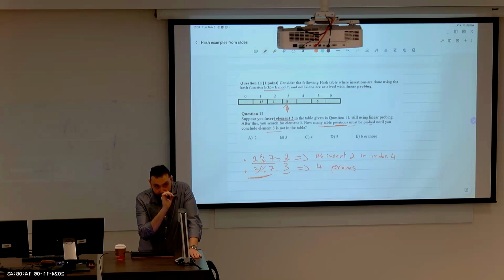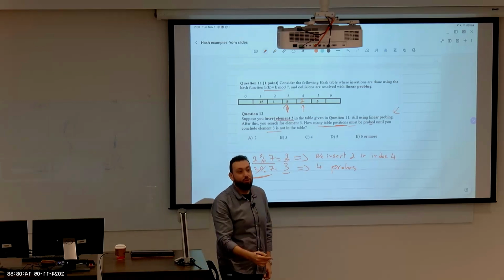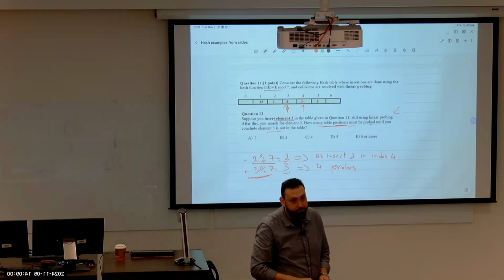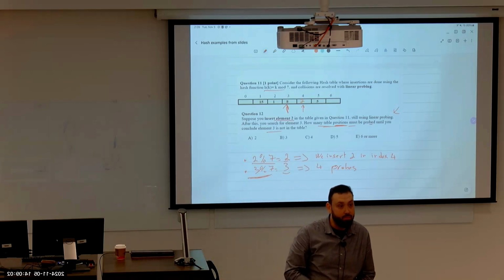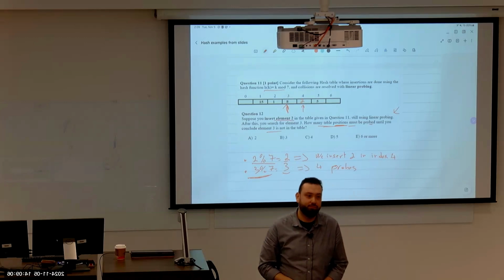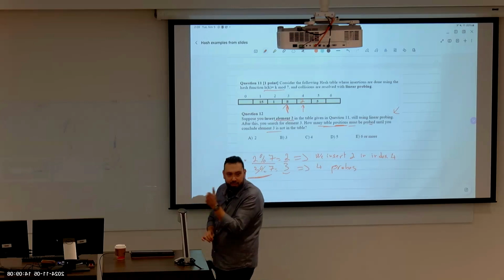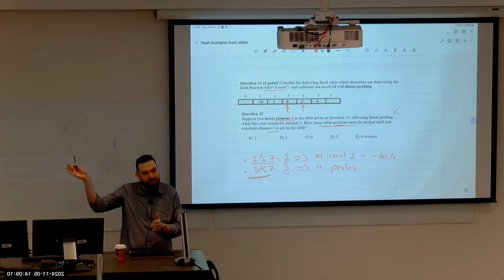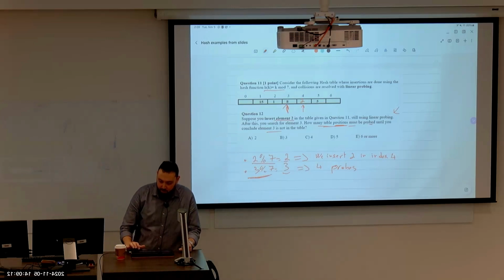So how many probes is going to take me to figure out that it's unsuccessful search? 2, because the second time it's going to be here and this is empty, it's done. But if I had 2 and then I told you here, I inserted 2 and then I deleted 2, yes. So you're going to put available and then it's going to be blah, blah. So the same thing as the slides, okay?